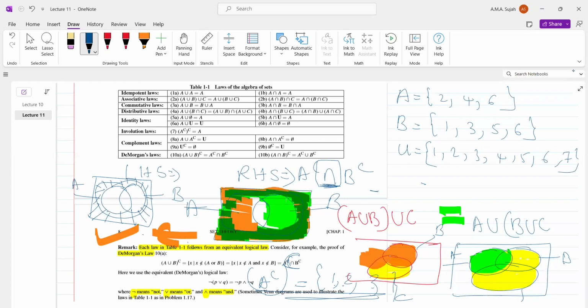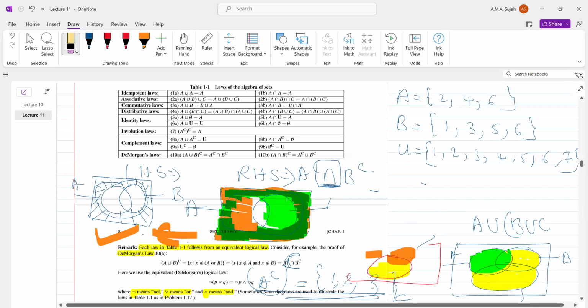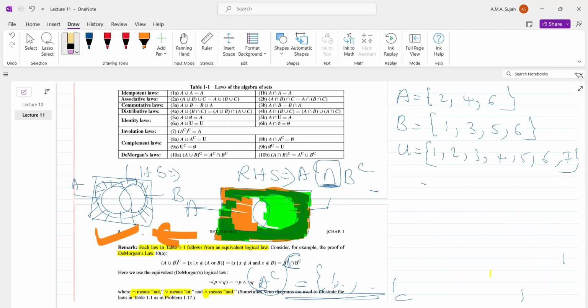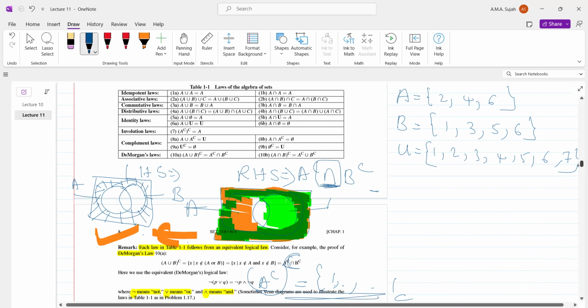You can take an assumption of these sets. Then if you need to prove without a Venn diagram, first you will take some assumptions, right? I will write this way, right?